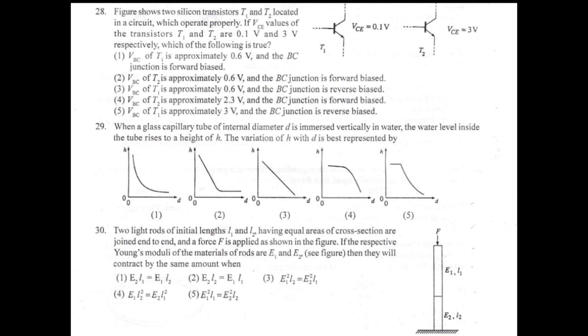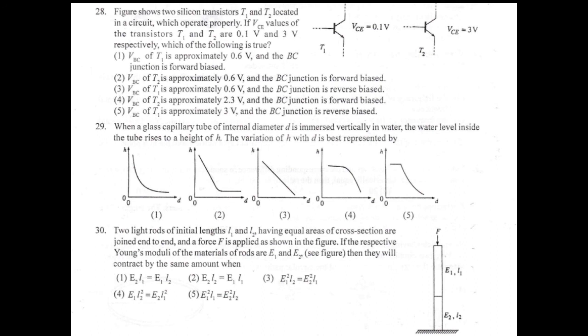It's a minus value. VC is greater than VB. Now look at the answers. VBC must be 0.6 for T1. T1 VBC 0.6. Yes, the first and the third answers have VBC 0.6.